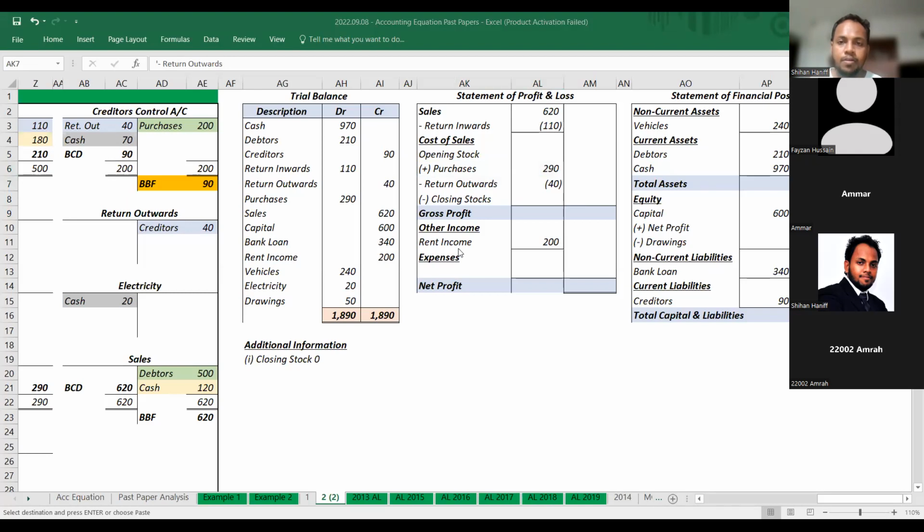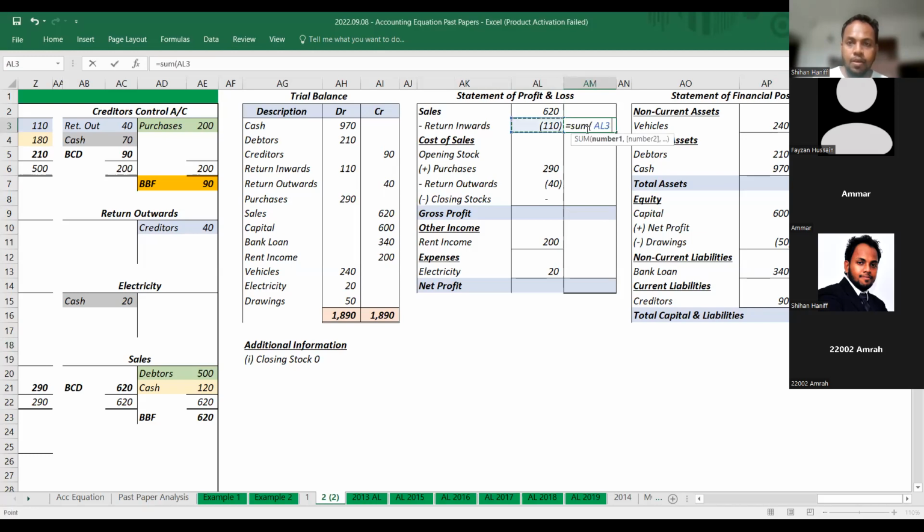Vehicles, electricity. Expense. Then drawings 50. And there is no stock. That's all.